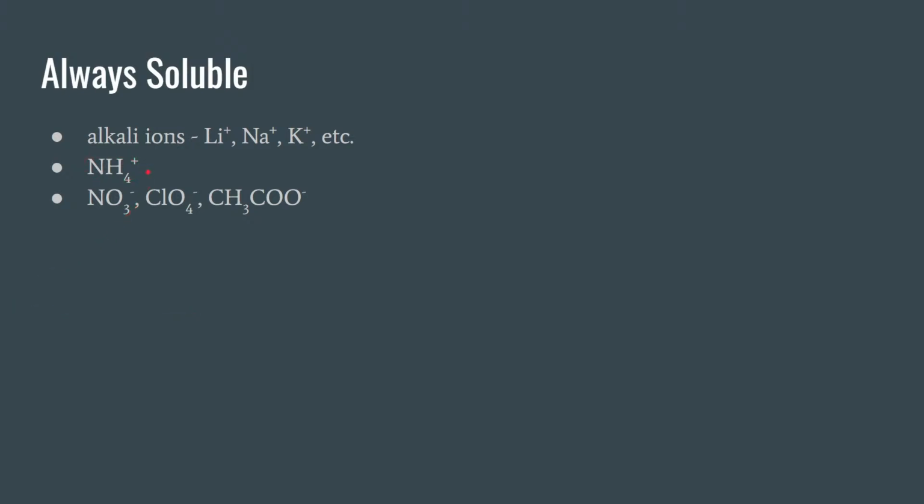Also, ammonium, NH4+. If you see something combined with ammonium, it will always be soluble in water. And then for our negative ions, nitrate, chlorate, and acetate. Or sorry, not chlorate, this is perchlorate. NO3 1 minus, ClO4 1 minus, CH3COO 1 minus, or C2H3O2 1 minus.